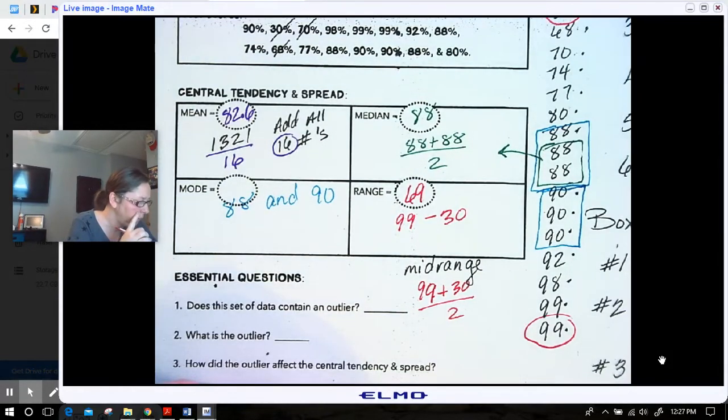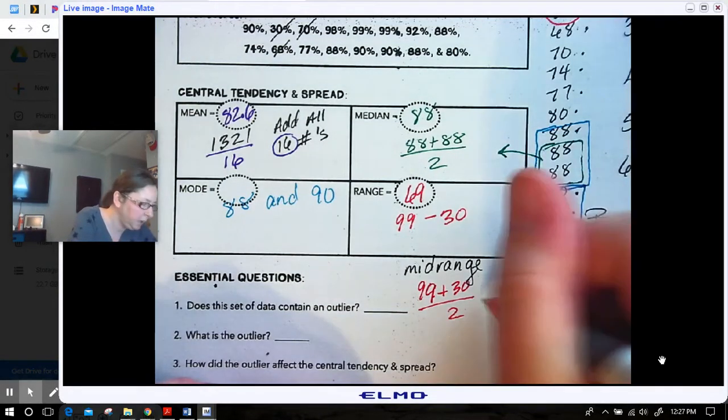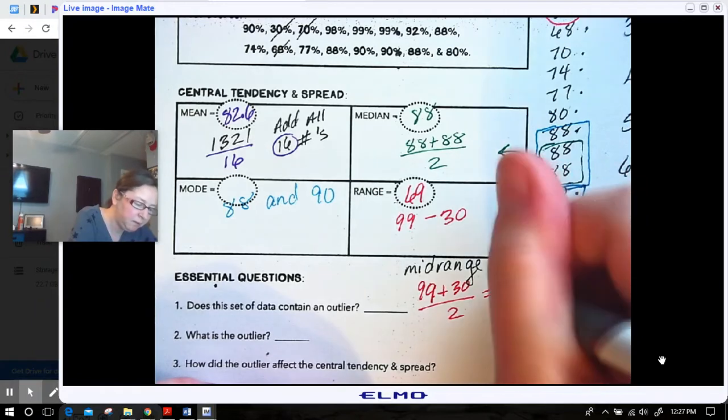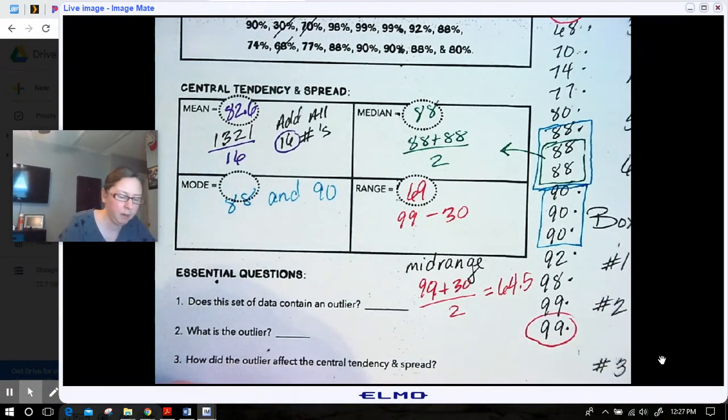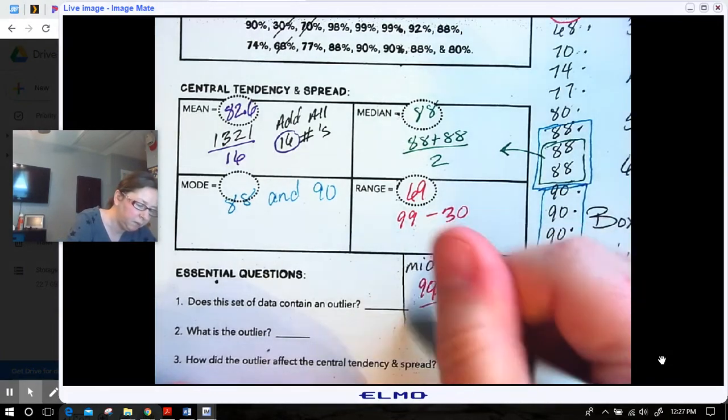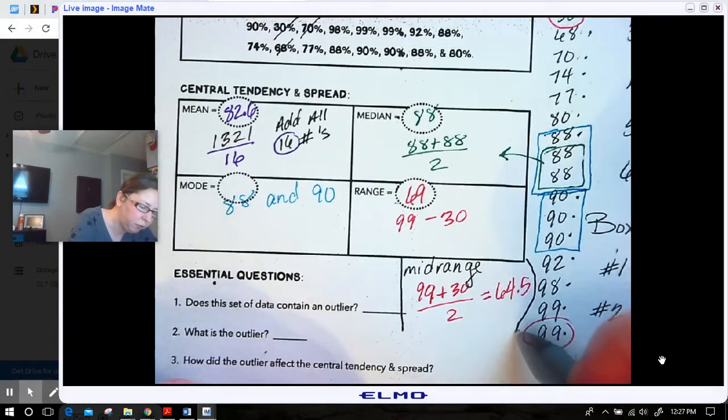So 99 plus 30 divided by 2 gives me 64.5. All I did was put that in my calculator. And that represents the mid-range, okay?